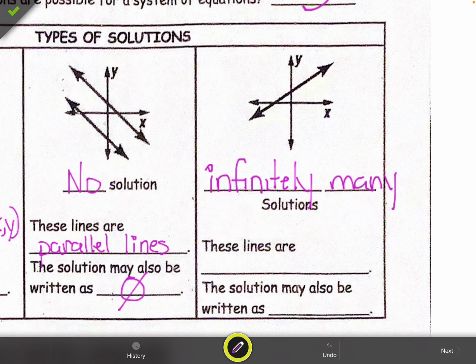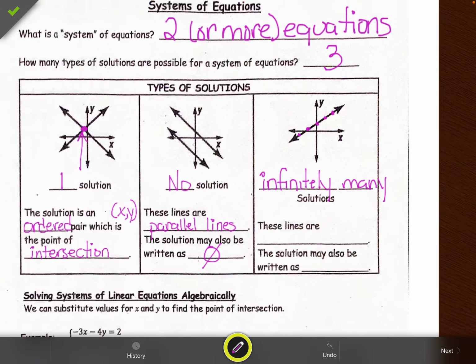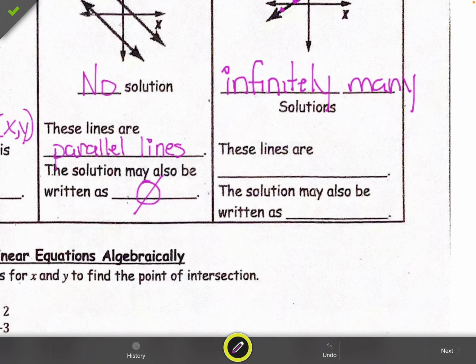Because no matter what point you pick on this, it will work in both of your equations. Okay. So these lines are exactly the same. They're the same line. Okay. And you can also write it as, you can write out infinitely many. You can also use the infinity sign.